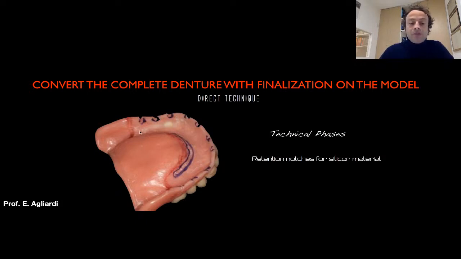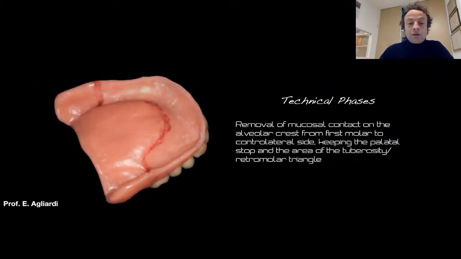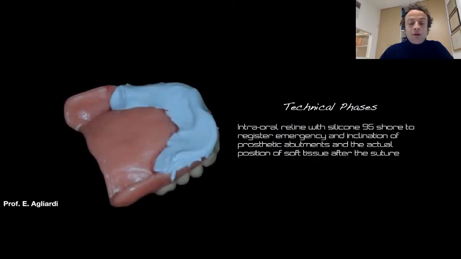After the surgery it's important to create a space in the area where the implants are placed and also create some notches, some retention for the silicone that we are now going to place in that area, in order to take a sort of intraoral impression of the cover screw or healing abutment on the top of the implant.